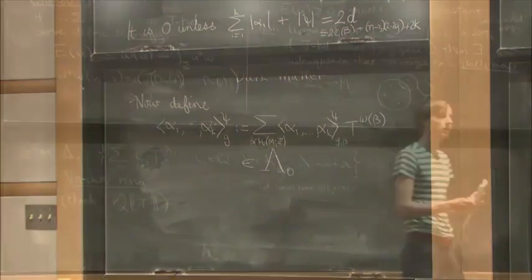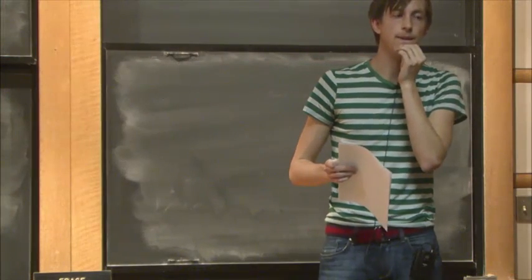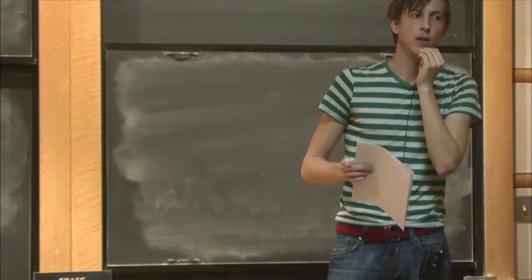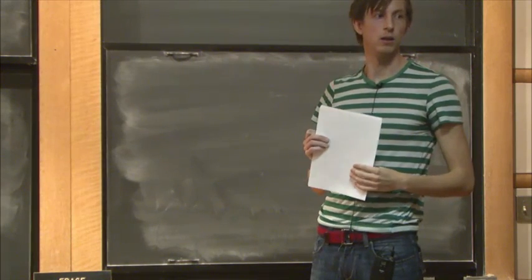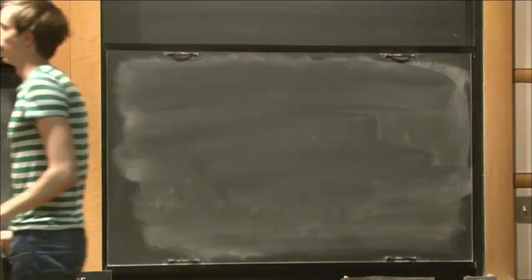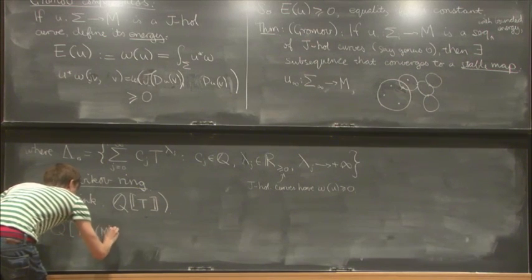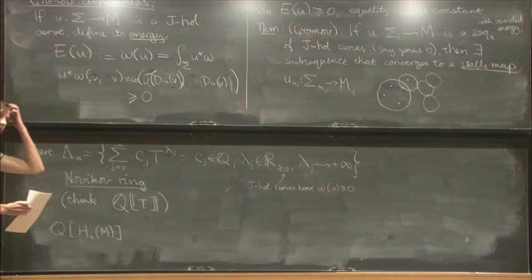There are infinitely many beta with given energy. Okay. You can also define versions over more complicated coefficient rings, such as Q of H2 of M. You can just as easily do that.